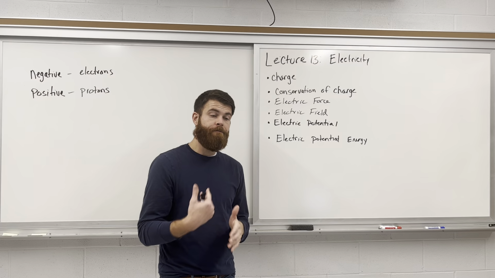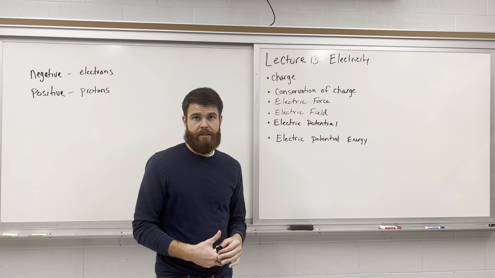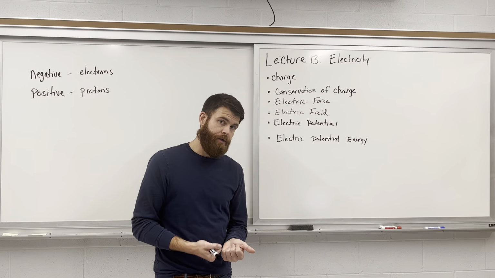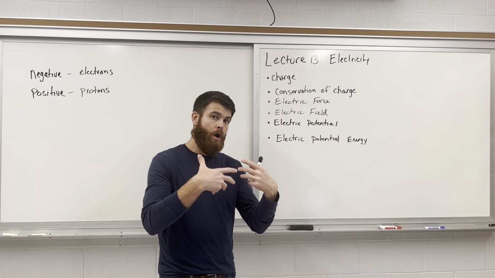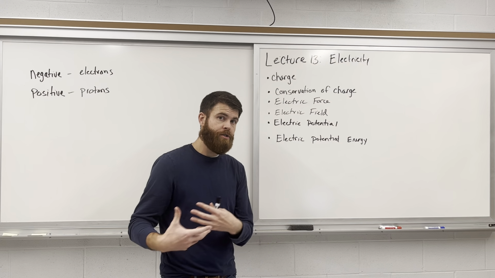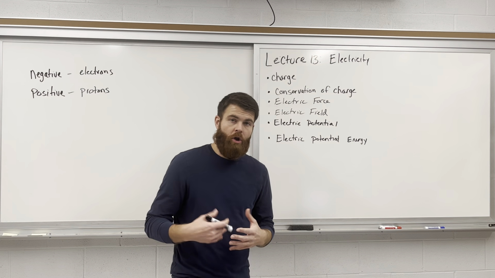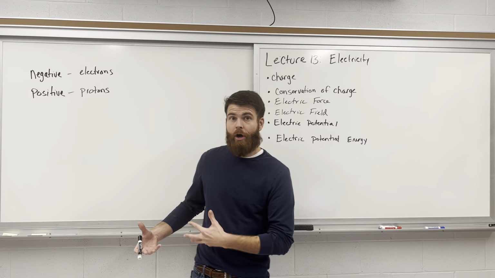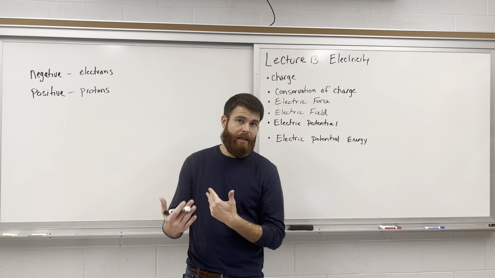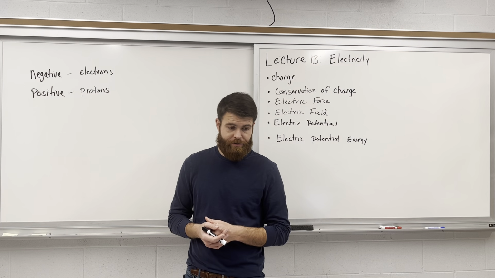If there are fewer electrons than protons, then it's said to be positively charged, as in there's more positive charge than negative charge, there are more protons than electrons. So that's how an object develops a net charge, by having an imbalance of protons and electrons.